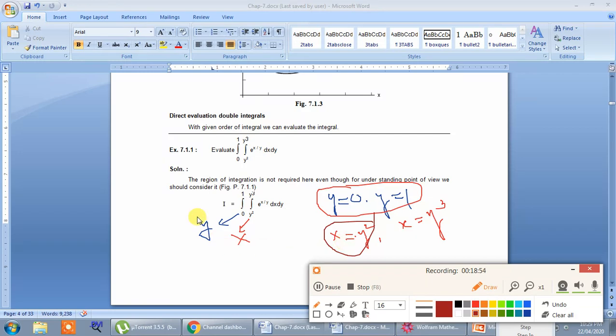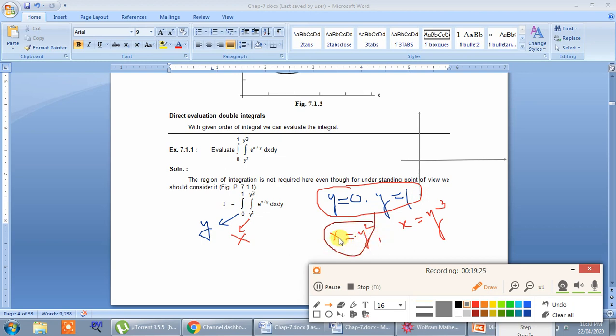So you will find that this curve will be like this, with the x-axis and the y-axis, and this one is your rightward open parabola.